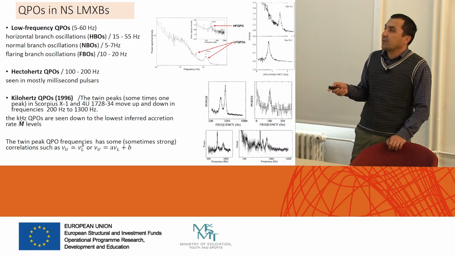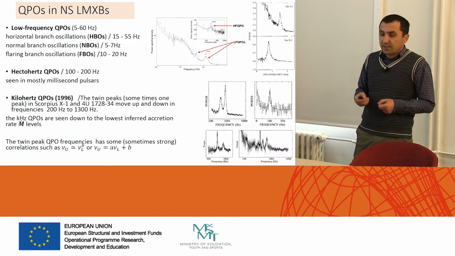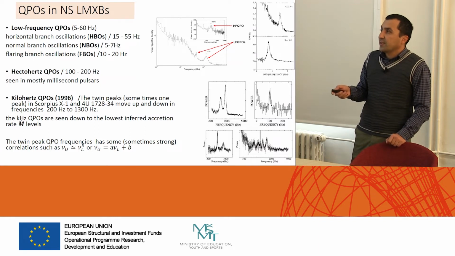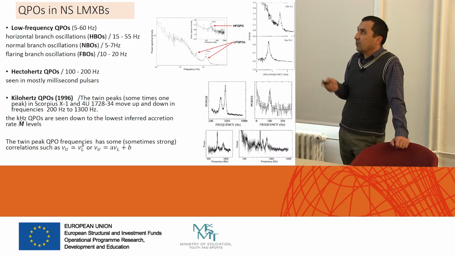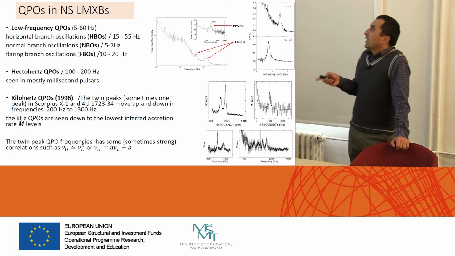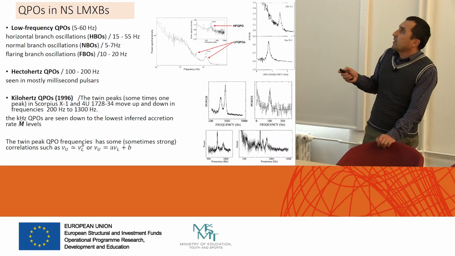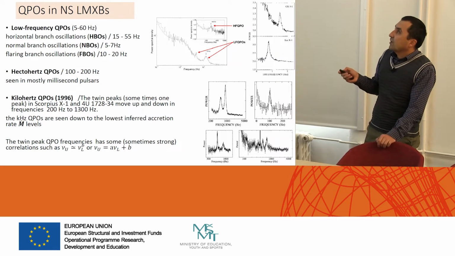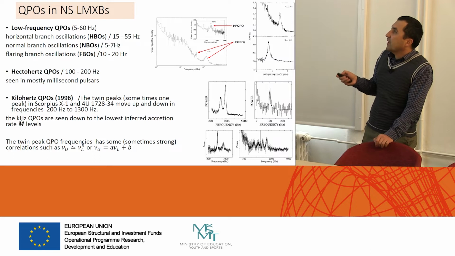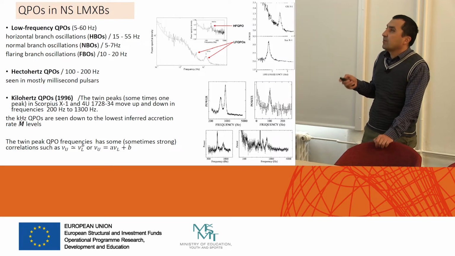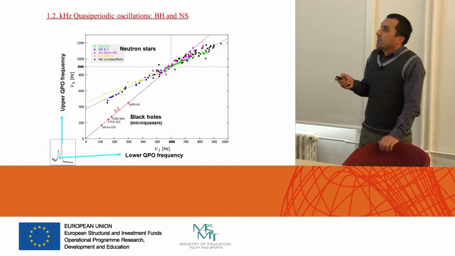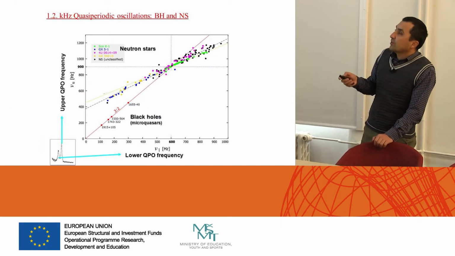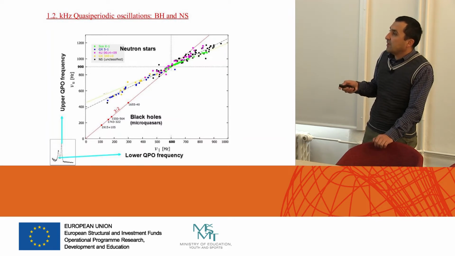Here the B and AB parameters correspond to the frequency values observed from these low mass X-ray binaries. Here I show some examples of the low frequency QPOs, the hectohertz and the high frequency, kilohertz QPOs. Actually, as I said, twin peak QPOs have an upper frequency and a lower frequency.